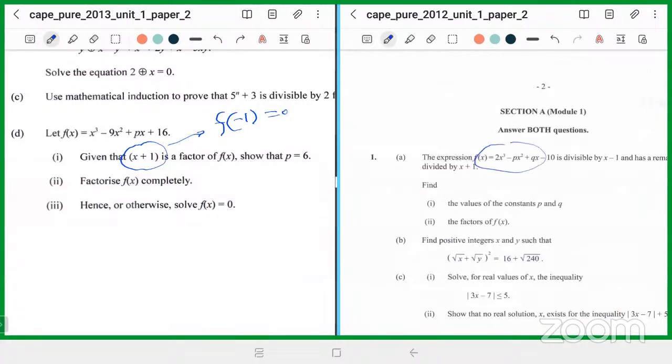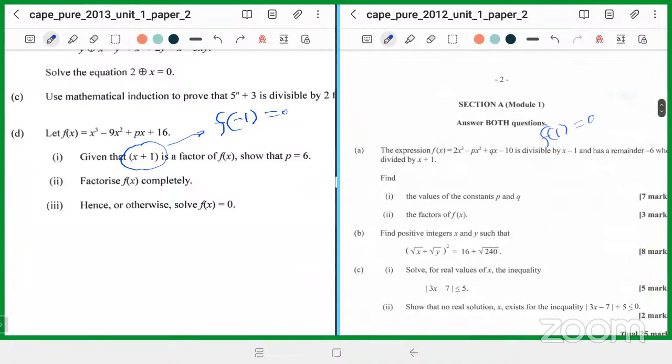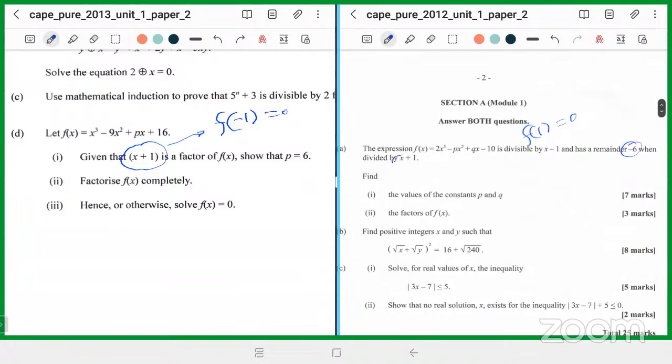This is divisible by that. That means that f of 1 is equal to 0. And it has a remainder of negative 6 when divided by x plus 1. This divisor means that the remainder is f of negative 1 and it is equal to negative 6.